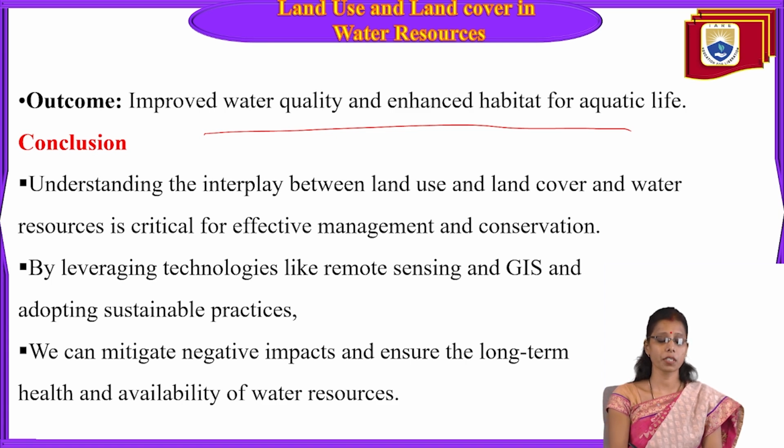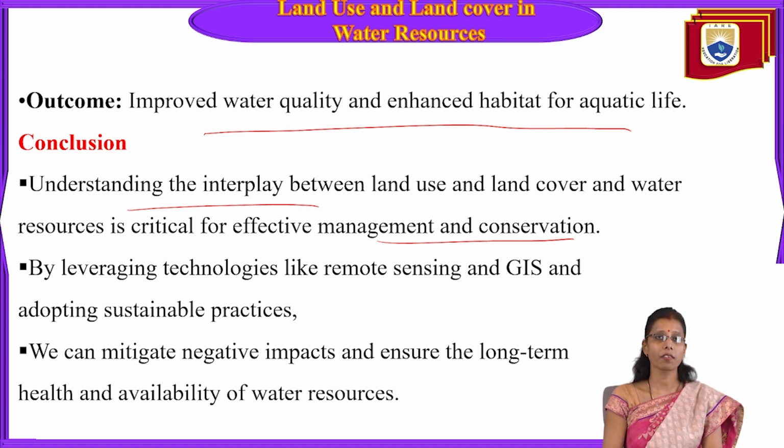Now, the conclusion: understanding the interplay between land use and land cover and water resources is critical for effective management and conservation. That means understanding how land is used, how resources are used and managed in an effective manner, and how conservation is done.